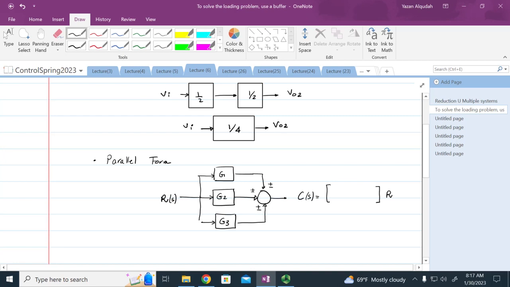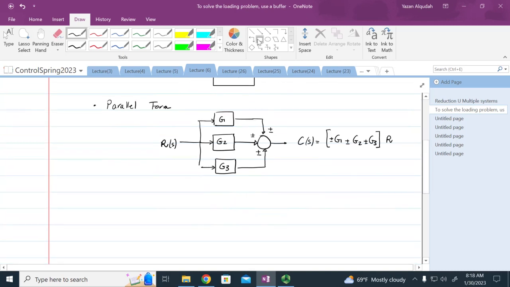What goes inside these brackets? G1 plus or minus G2 plus or minus G3. Yes, plus or minus G1, plus or minus G2, plus or minus G3. And therefore, we can reduce all these blocks into a single block.